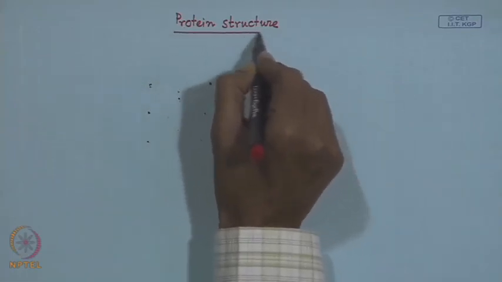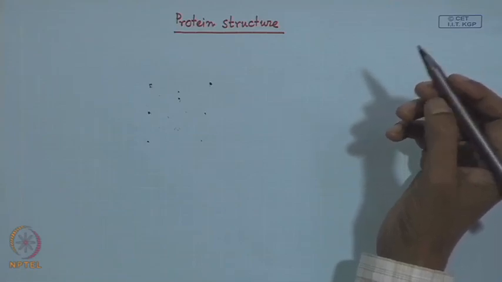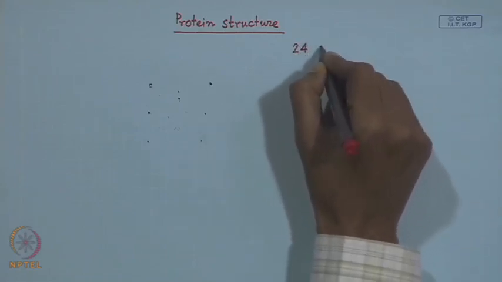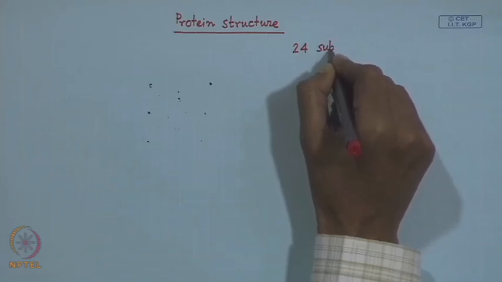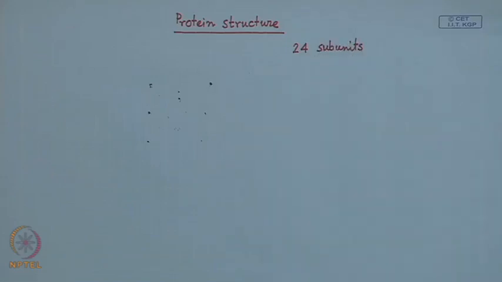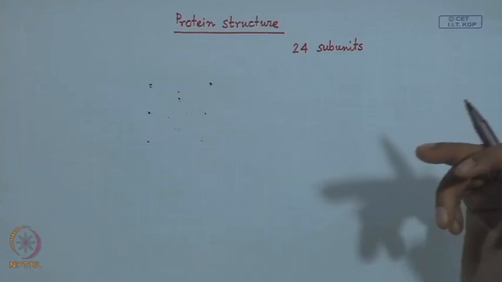So, the analysis of the protein cell gives us some idea that it has 24 subunits. A long polypeptide chain is getting coiled and giving one particular polypeptide chain.